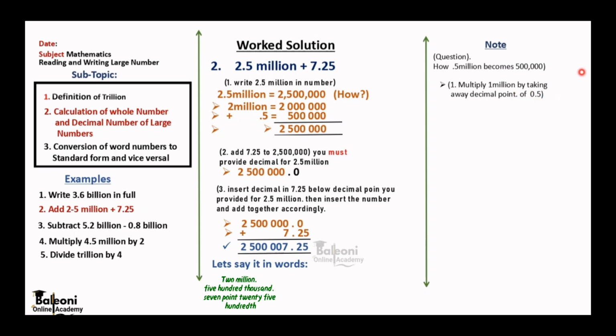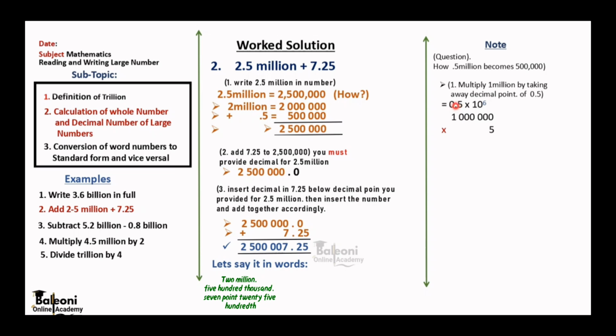This is how it would look. 0.5 times 10 raised to power 6. 10 raised to power 6 is a million. So you write it at the top here. Then 0.5 here. Remember, I said you should take away the decimal point. So what you have is 0.5.